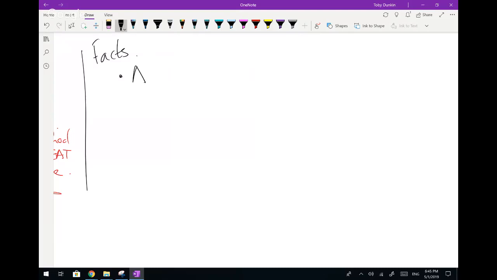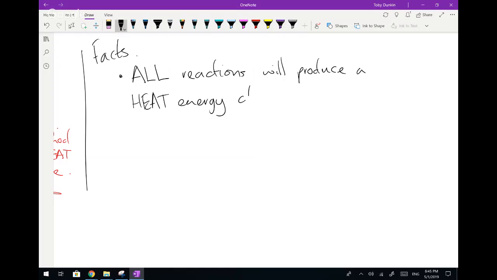Number one, all, and this is important, all reactions, no matter what the reaction is, no matter how small, no matter how similar, all reactions will produce a heat energy change. All of them will do this. So all of them produce a heat change.